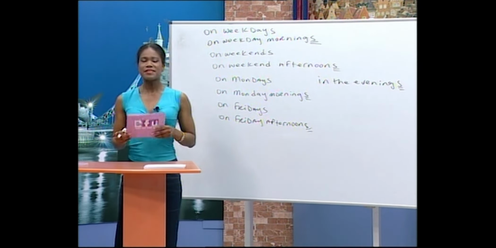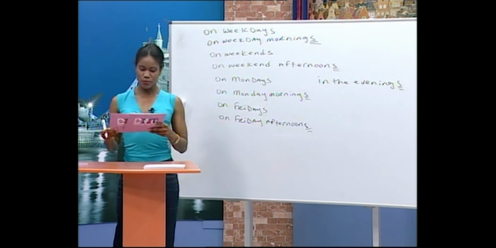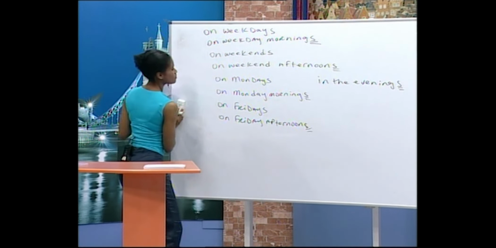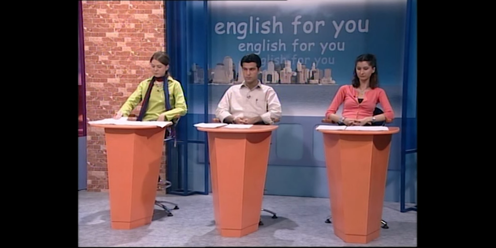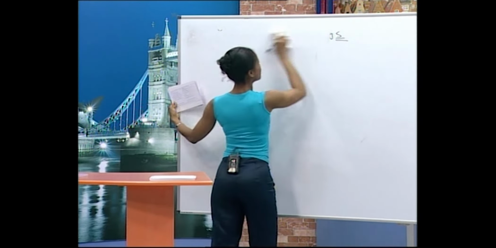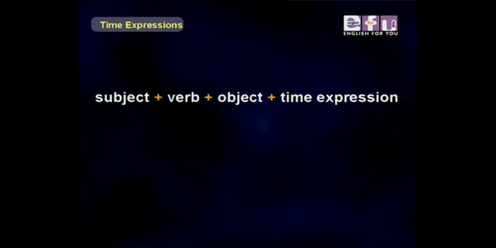Now let's look at sentence structure with time expressions. Sentence structure, of course, is very important. So we need to review this carefully. Okay, the formula is subject plus verb plus object and your time expression.